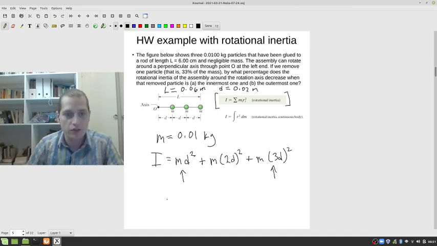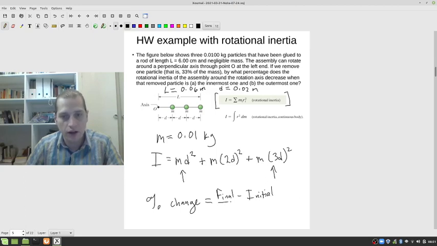That is going to be, well, actually you don't worry about absolute value. It could be negative. It would be your final I minus your initial, divided by your initial, times 100.